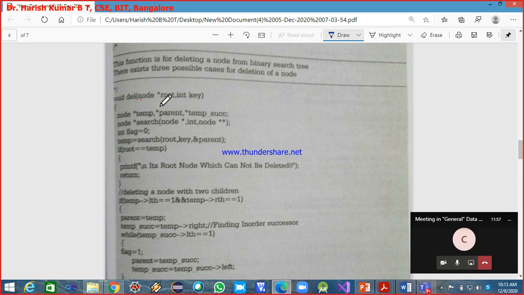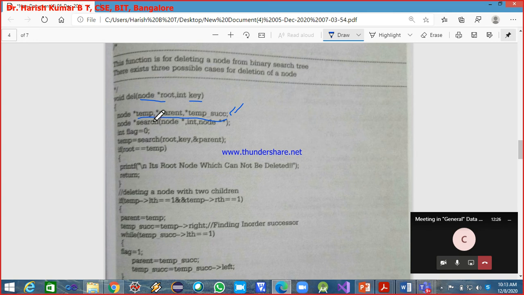So root is passed, and the element to be deleted, key, is passed, and we have these temporary pointers created for the threaded binary tree. We have temp as one pointer, parent, and temp successor, and similarly the same pointers were used in the other functions, even in the insert function.